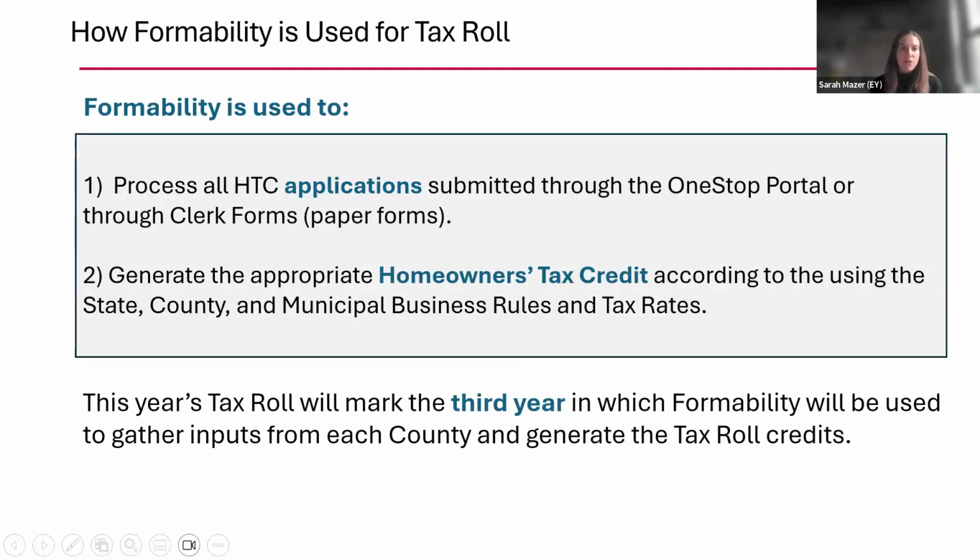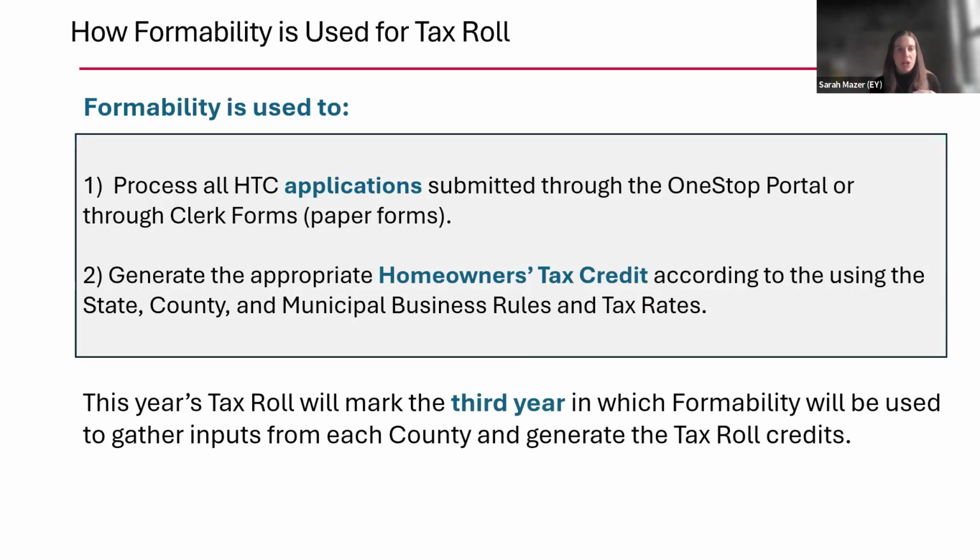So first, how Formability is used for tax roll. Formability is a system that is being used to process all applications that are submitted either through the One Stop portal by Maryland homeowners or through clerk forms, which are coming in as paper forms.